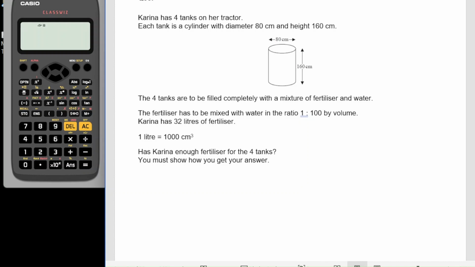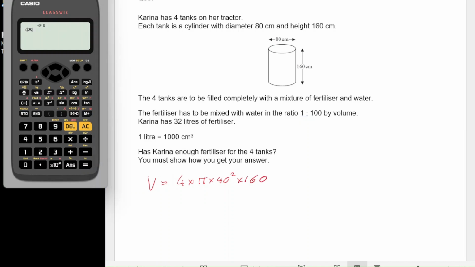Okay, so I'm going to do this in 2 stages. First of all, I'm going to work out how much volume she needs. So we need 4 cylinders. So the total volume is going to be 4 times the formula for the volume of a cylinder, which is pi r squared, the area of the face, times the height. So we're looking at pi times the radius, which would be 40, squared, times 160.